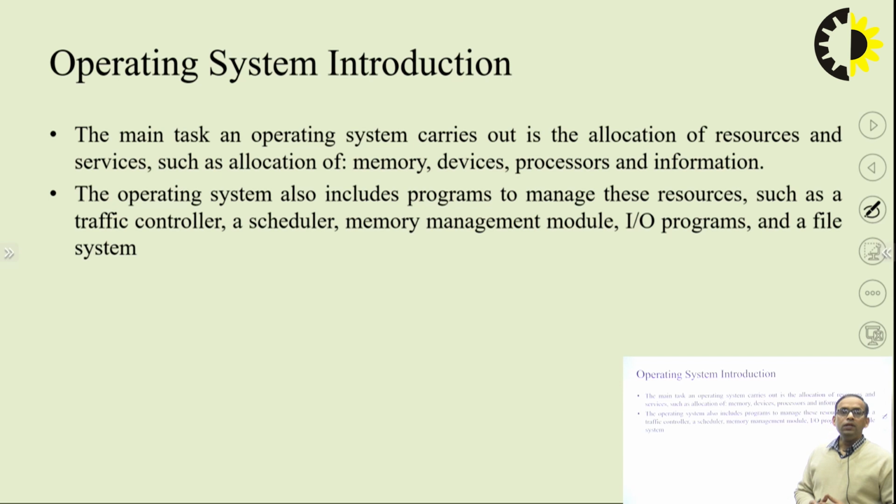Next, the main task of operating system is carrying out the allocation of resources and different types of services. As I already told you, when a user program is submitted, in order to execute it, at first the memory resource is required. If the program is not available in main memory, then the CPU will not fetch it and it will not execute. So the first requirement is that memory resource should be available to the process.